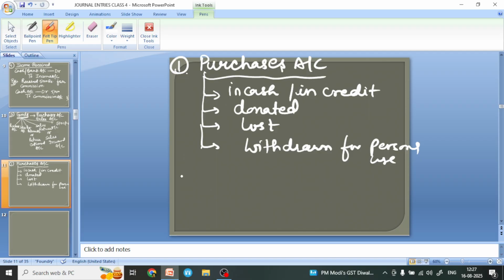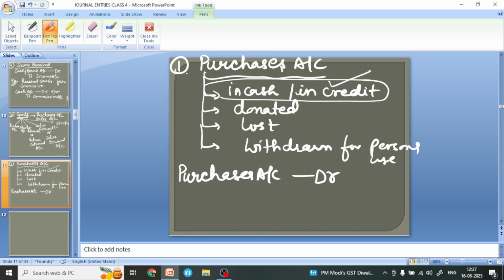And what will be the entry? Purchases account will be debited when we purchase in cash or credit. When we purchase in cash, then we will pass entry purchases account debit to cash or bank account credit.